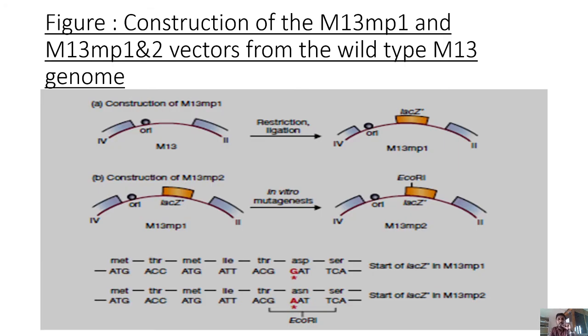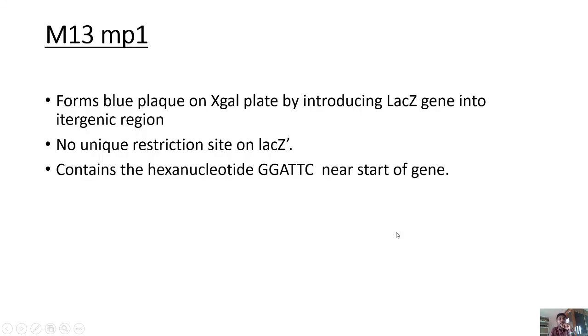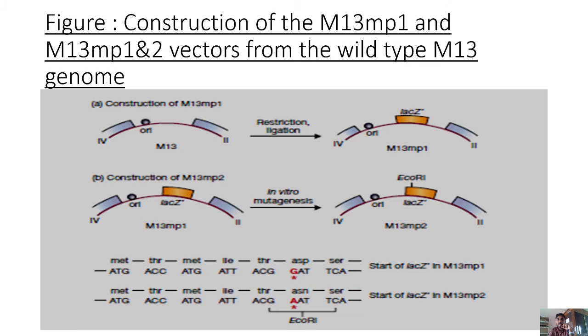And the second modification for constructing M13mp2 is at the sixth codon of lacZ. Normally, the sixth codon in this lacZ gene calls for aspartic acid.